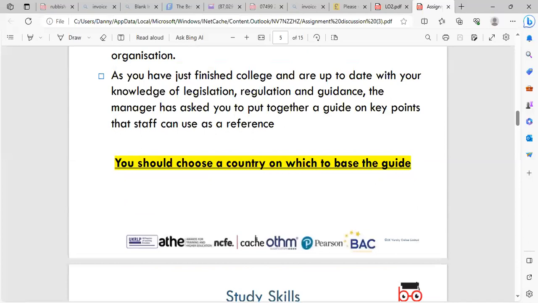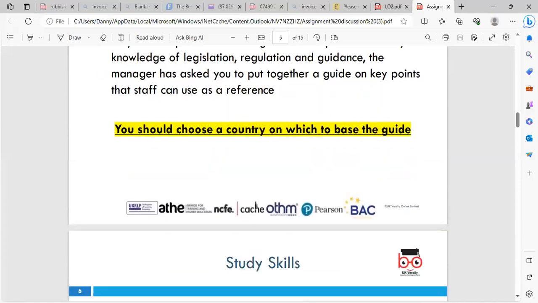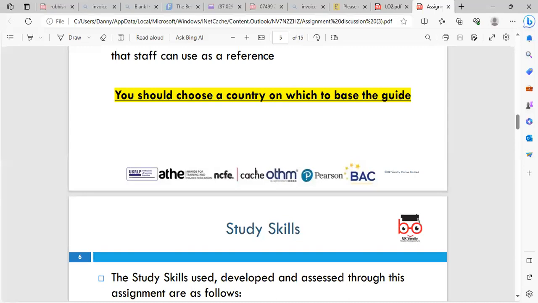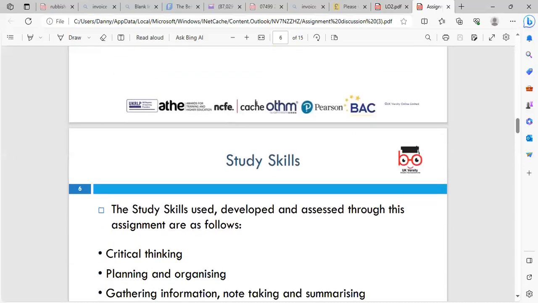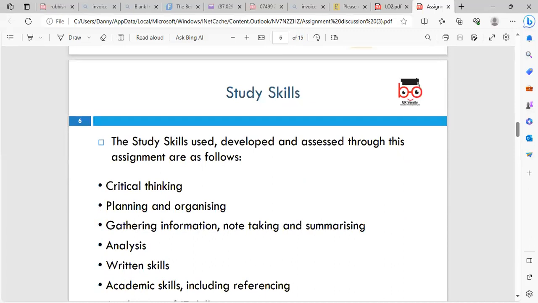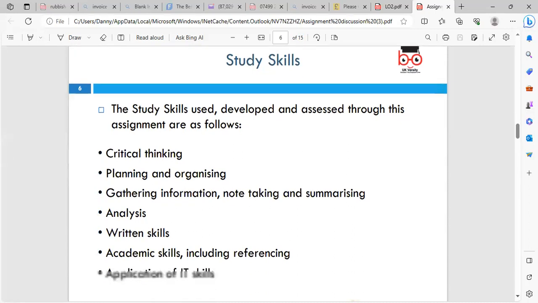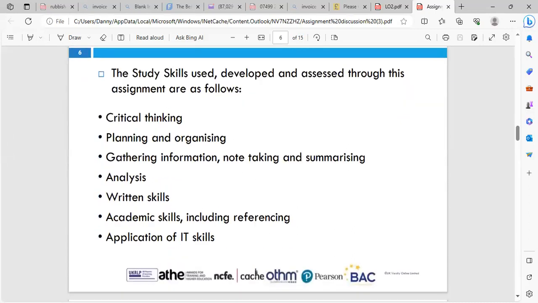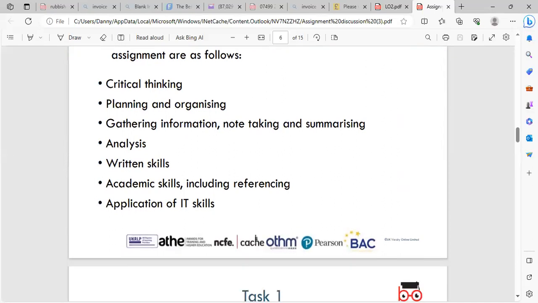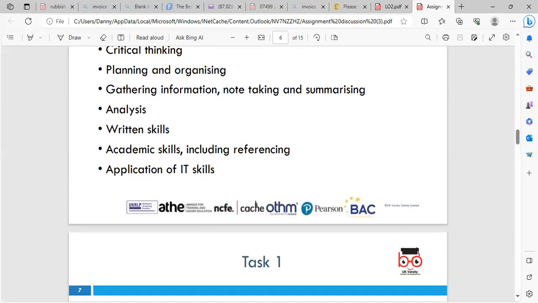So you need to read the task very carefully and then answer it accordingly. What might be the study skills that we're looking at? The study skills used, developed, and assessed through this assignment are as follows: critical thinking, planning and organization, gathering information, note-taking and summarizing, analysis, written skills, academic skills including referencing, and application of IT skills.